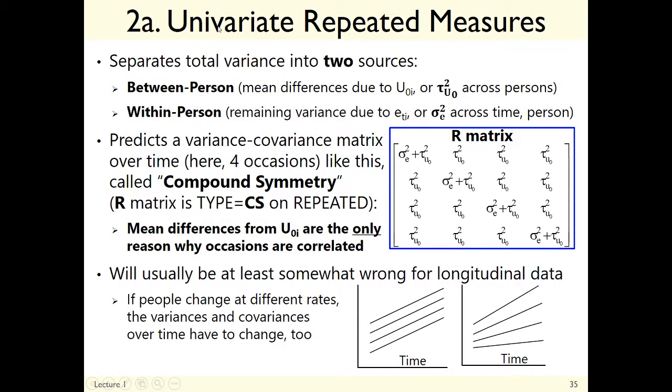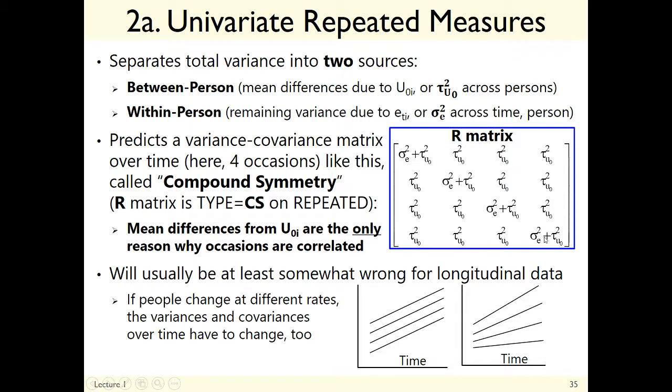The one that we just looked at takes dependency into account by making another pile of variance. It differentiates total variance into what is between persons in the mean due to the random intercept from what is within persons around the means due to the residual. So it says the total variance then is some part E and some part U0, but that is the same all the way across time.